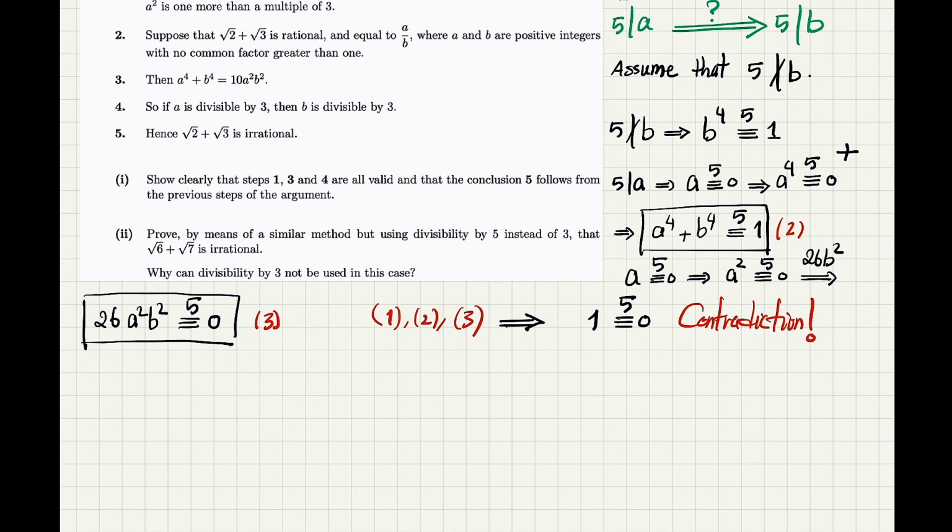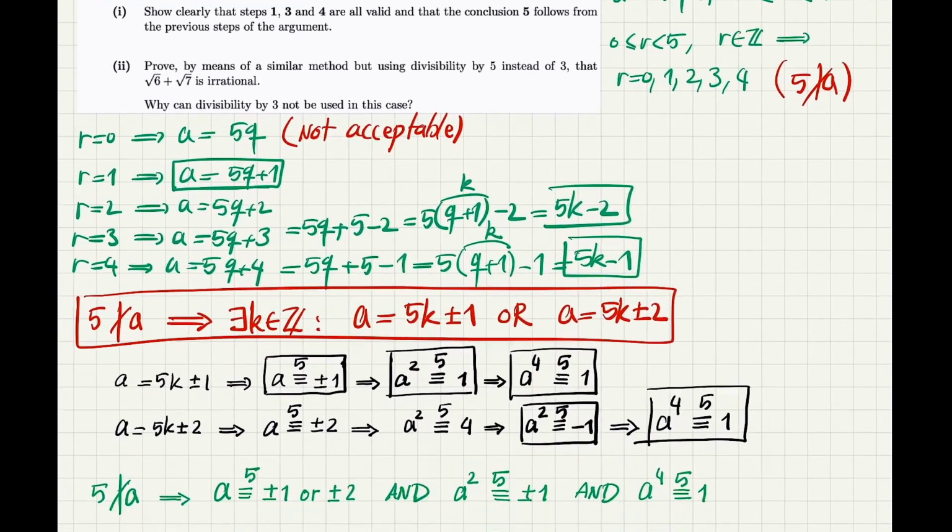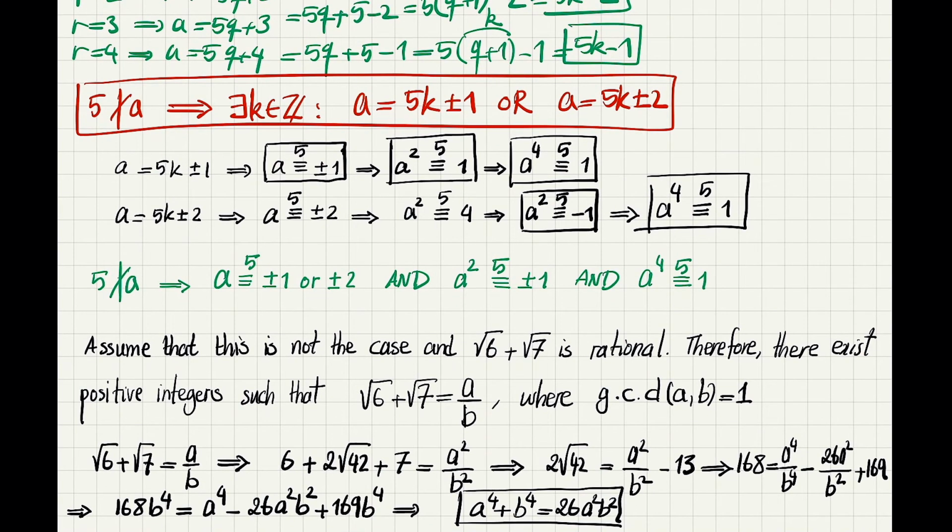Now we want to go to the final step here, and we want to prove that square root of 6 plus square root of 7 is indeed irrational. Okay, we realize that if this is not the case, do you remember? Here I wrote that, assume that this is not the case, and this is rational. So I put it equal to a over b, and I got this one.